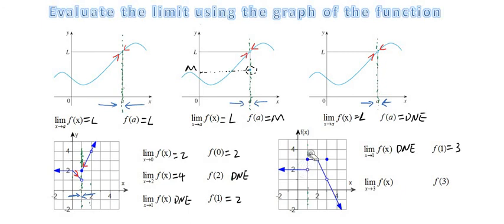Now let's take a look at the last one. The last one is x approaches 3 from both sides again, and f(x) approaches this point from both sides, and this point has y value 1. And what is f(3)?